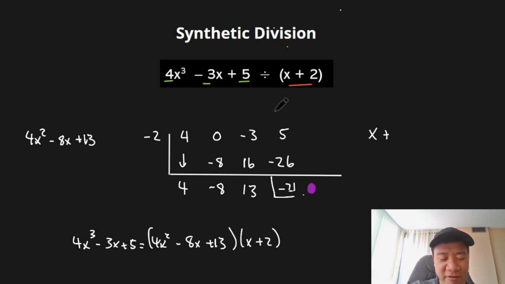And then we add a remainder at the very end, but since it's negative, we write it as -21. And we are done.